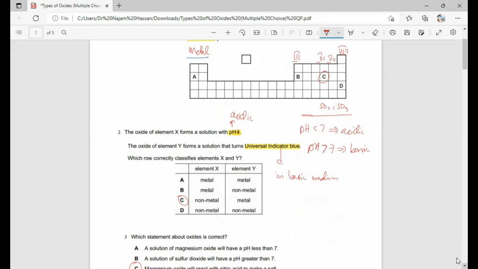Remember that universal indicator gives blue color whenever we are in a basic medium, red color in an acidic medium, and green color in a neutral medium. So remember that pH less than 7 is acidic, and pH greater than 7 is a base. So element X should be a non-metal because it forms an acidic oxide, and element Y should be a metal, it forms a basic oxide. So the answer is C.